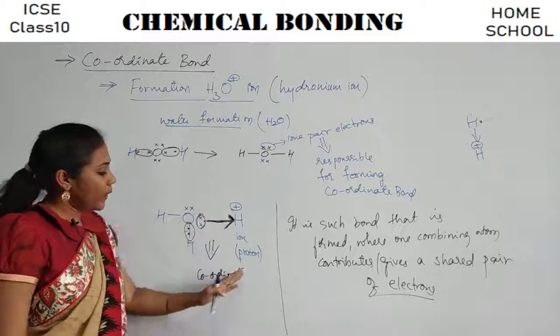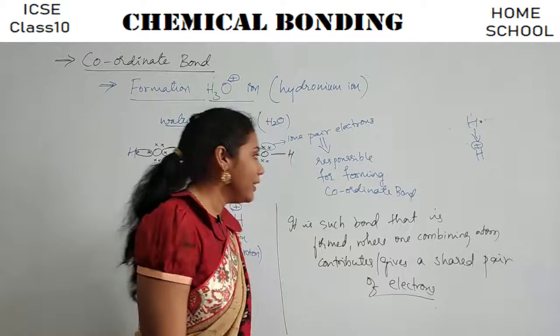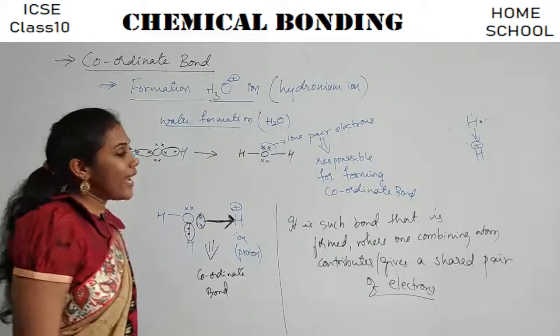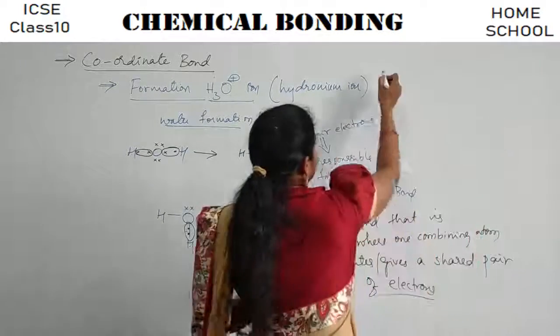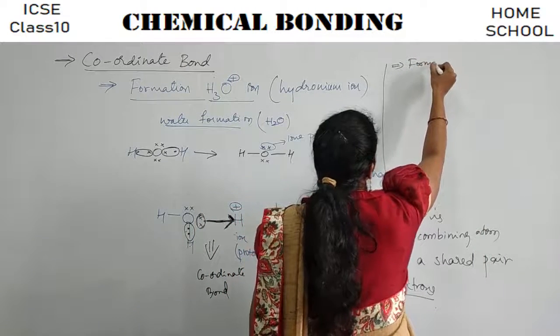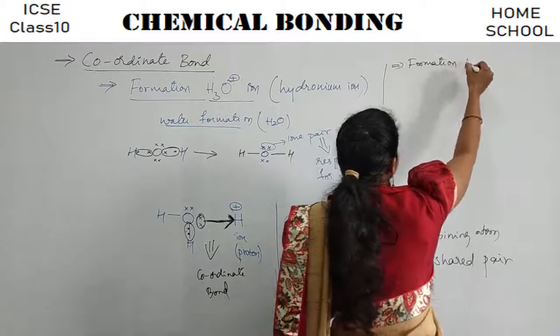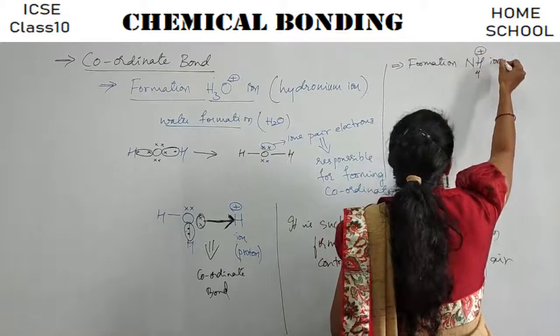Such a bond we call a coordinate bond. Clear? Now let us look at one more example. The second example, formation of NH4 plus ion.